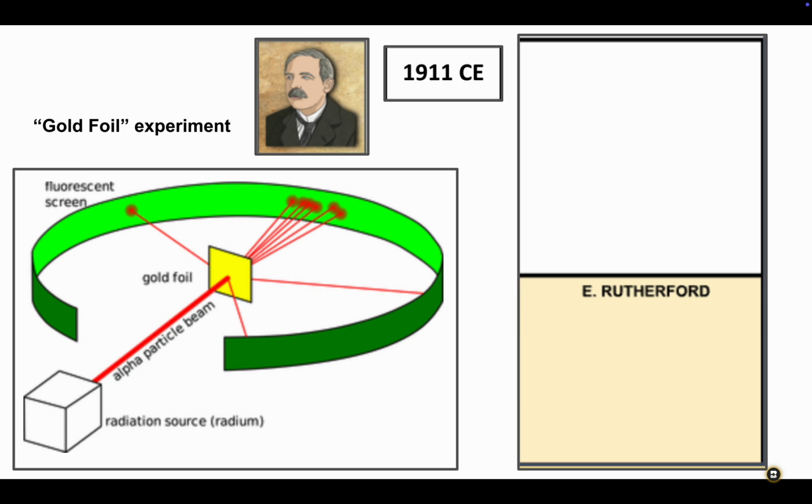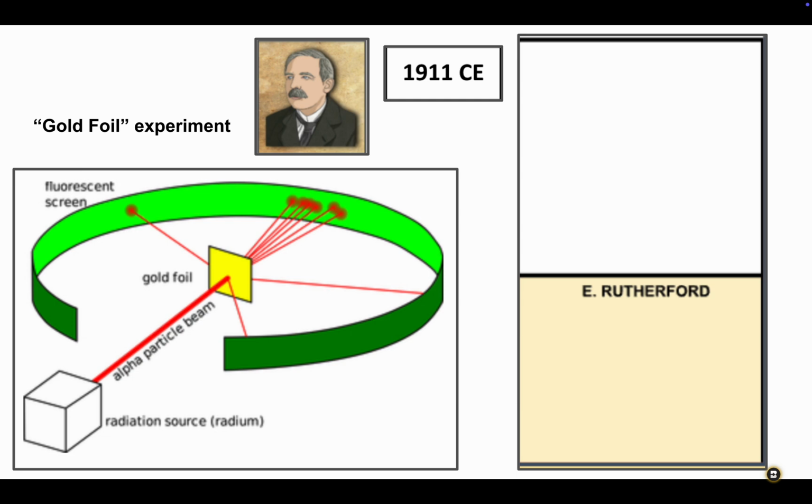So if Thomson's model was right, Rutherford expected that all the particles were going to pass straight through that gold foil, and then he would see this kind of bright beam of light around this fluorescent screen. So everything would go straight through, because the positive blob would be spread out evenly.